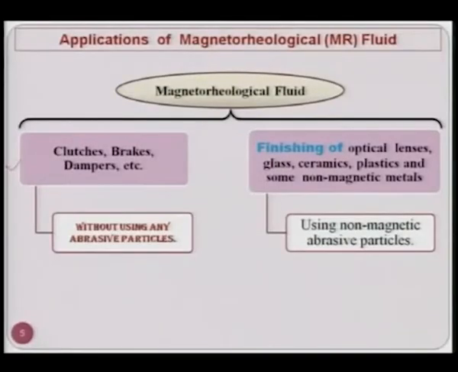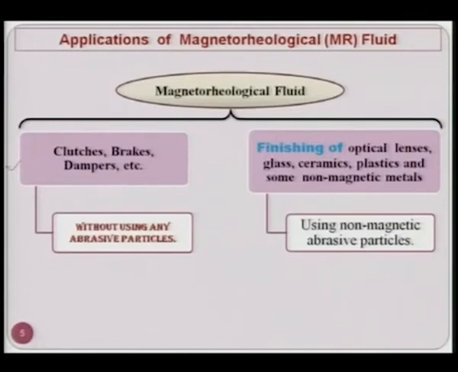On the other hand, there is a difference between the fluid used for these clutches etc. and the fluid used for finishing purposes. In finishing, you are mixing abrasive particles in the MR fluid, and it is commonly used for finishing of optical lenses, glass, ceramics, plastics and some non-magnetic metals.